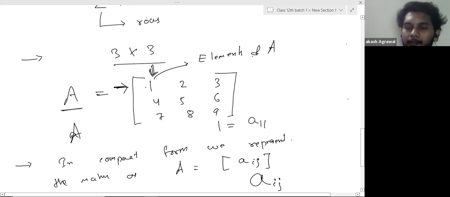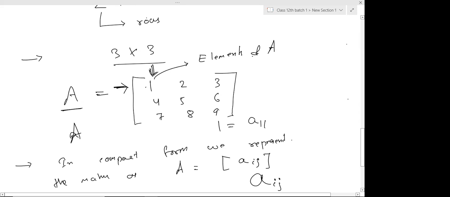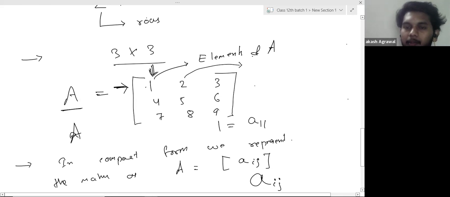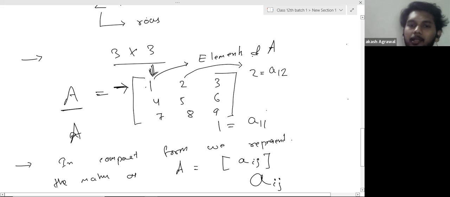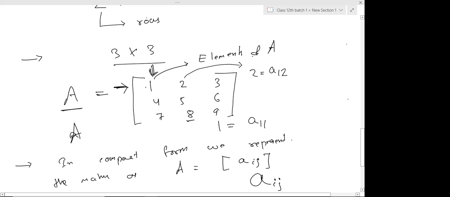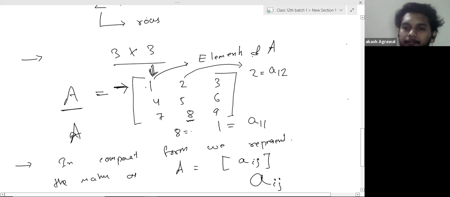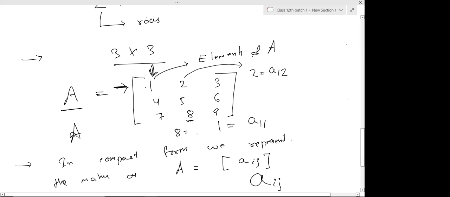Is this clear to everyone? Yes, sir. So 2 will be, Hamza, what will be 2? Sir, A12. A12, absolutely right. This 8, Krishna, how can we write 8? Sir, A32.